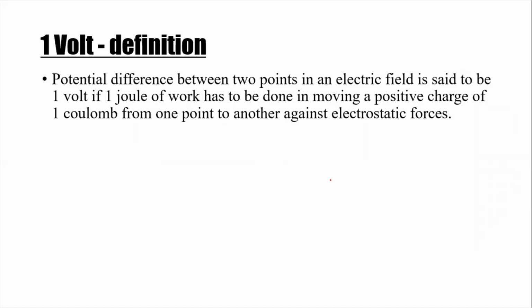So now with this, let us define 1 volt. We already saw that 1 volt is equal to 1 joule per 1 coulomb. Usually for writing the definitions of quantities like this, be it coulomb or ampere or whatever it may be, write the SI units.